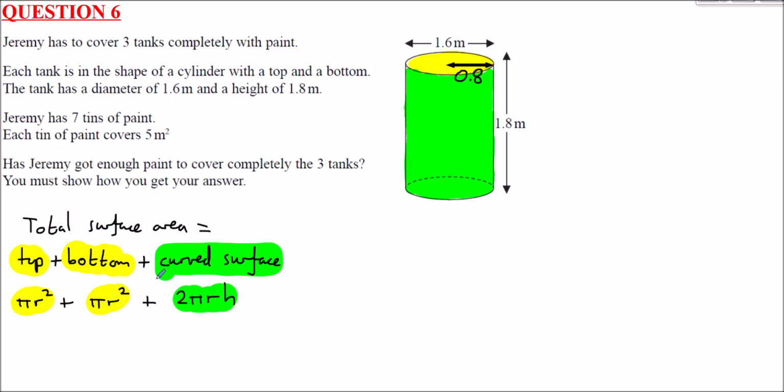So total surface area is going to be pi times 0.8 squared plus another pi times 0.8 squared plus 2 times pi times radius, which is 0.8, times the height, which is 1.8.